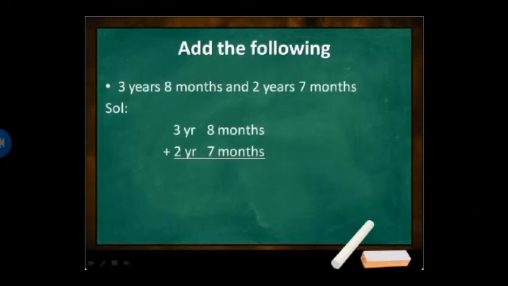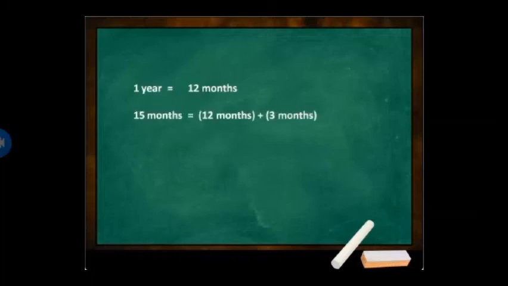Now we'll move on to the next sum: 3 years 8 months plus 2 years 7 months. Now we'll add the months. 1 year is equal to 12 months. Now 15 months you are going to separate into 12 months plus 3 months.